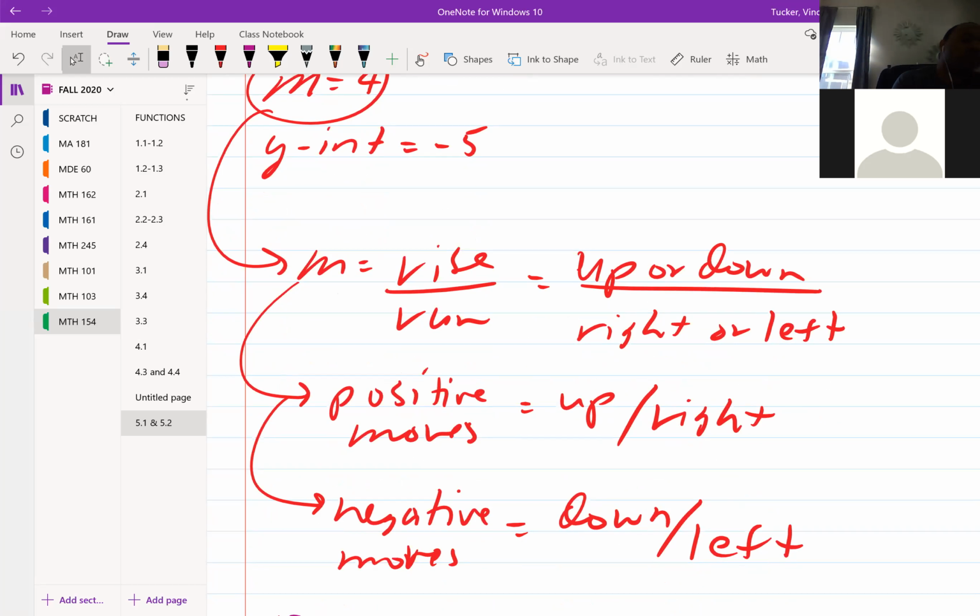So your positive moves are up and right. Your negative moves are down and left.